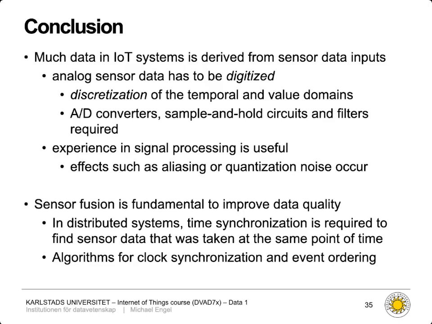Nevertheless, we've also seen that sensor fusion in general can be very fundamental to improve the quality of data in IoT systems. And we've also seen one specific point here, time synchronization, different approaches to do this, to find the sensor data values that actually happen at the same point in time on different IoT nodes for different sensors. And we can have algorithms for clock synchronization, or we can have simpler algorithms which just provide information about the order of events and not absolute times.